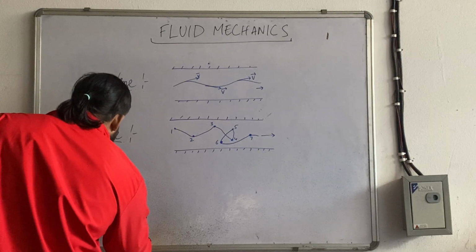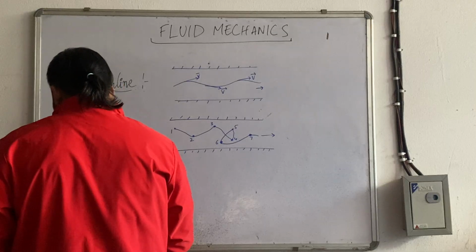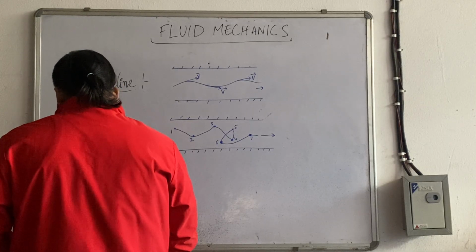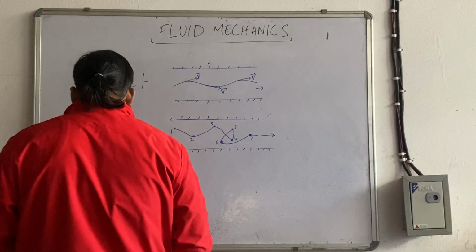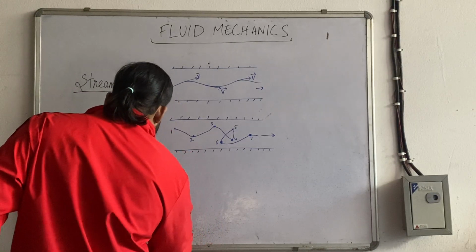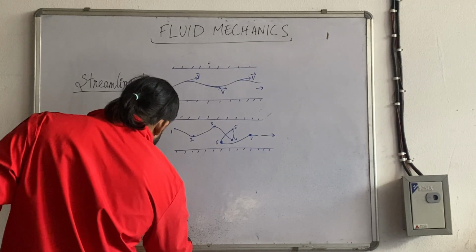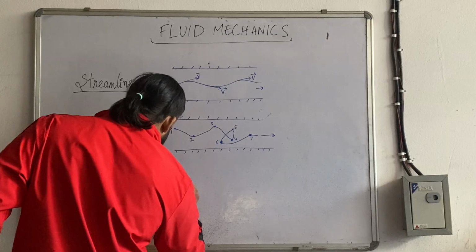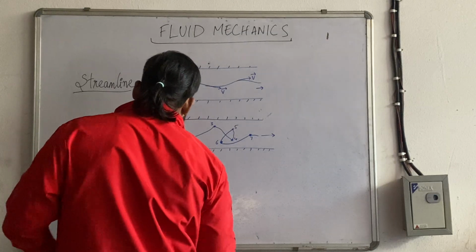Straight lines can be written as a path line and second, equipotential lines.